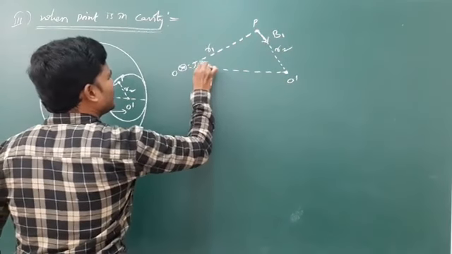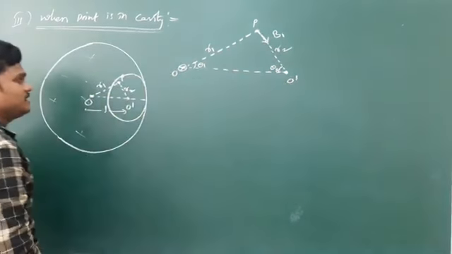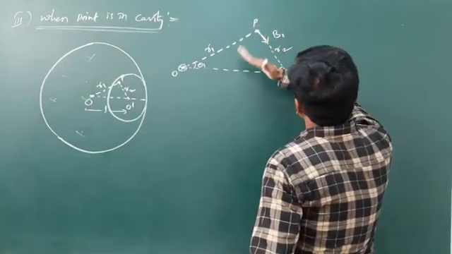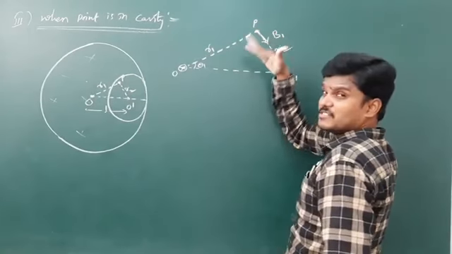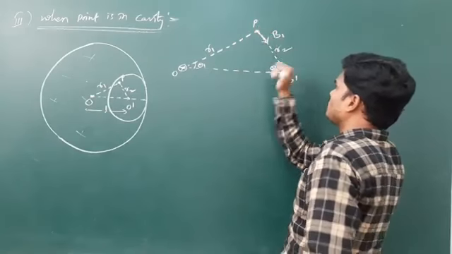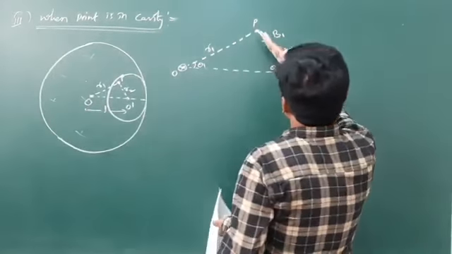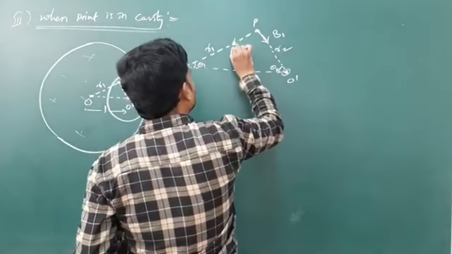Let us suppose this makes an angle theta1 and this will make an angle theta2. And see, this is outward current. At this point, the direction of the magnetic field is in this direction. Recall the previous concept. Due to this outward current, the direction of the field at this point is in this way. So this is B2.